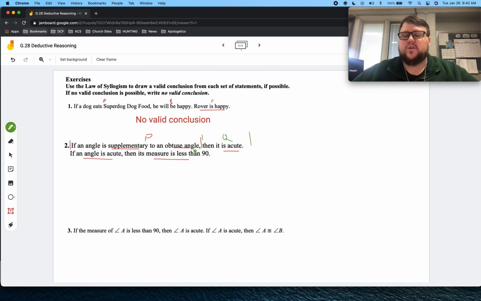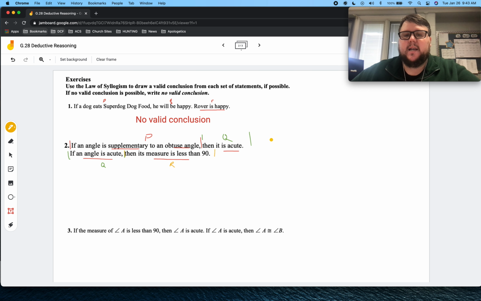And we know that to be true by the definition of supplementary angles, and acute and obtuse. So P implies Q. Now we have Q, an angle is acute. And then we have our R statement here: then the measure is less than 90 degrees.